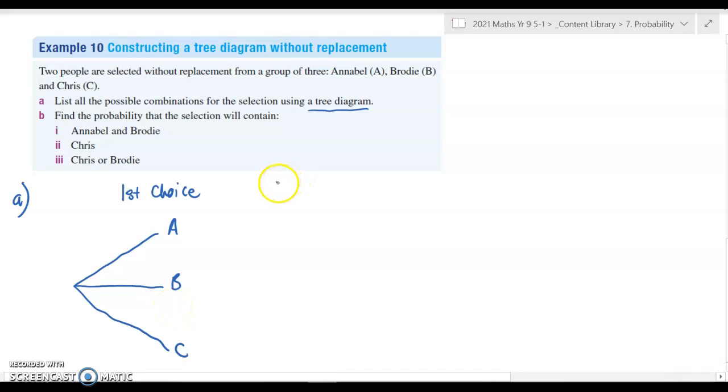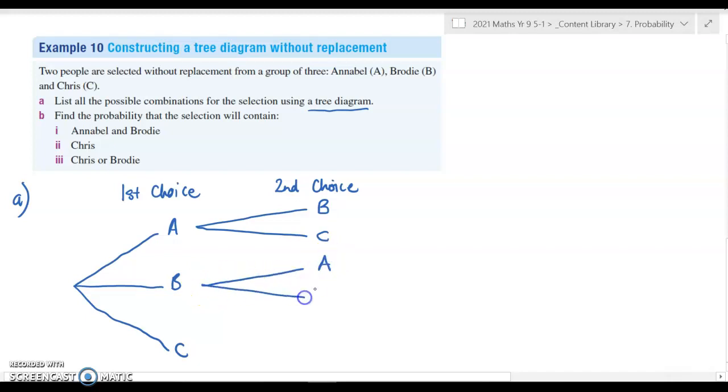Now the next branch on my tree diagram is going to represent the second choice, the second person I choose. So here's where it gets a little bit different from the first example. If I have already chosen A, then the only options left for my second choice are B and C. Working my way down, if I've already chosen B, then I have A and C left over.